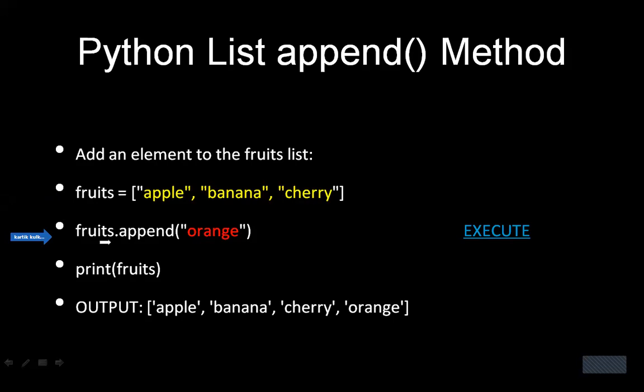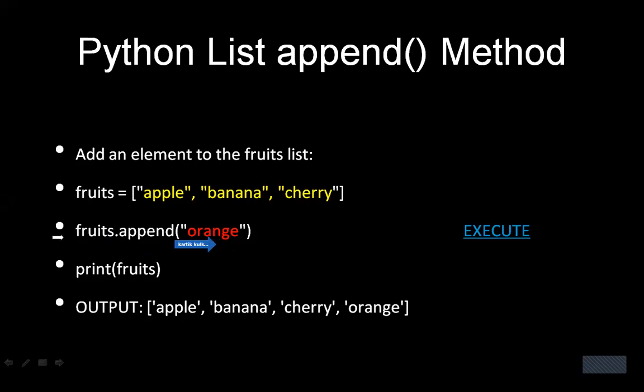For each and every method that we are going to use in the list, the syntax will be the list name first, then the dot, and then the method name, and in brackets we specify the value for it.